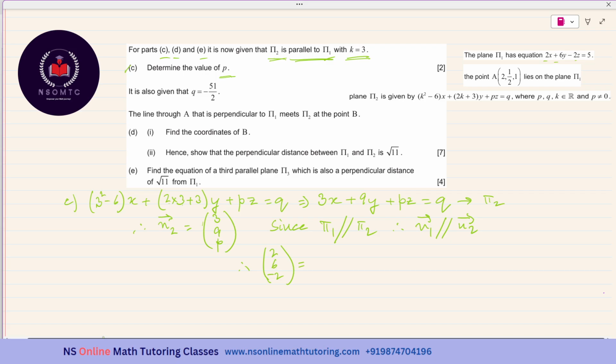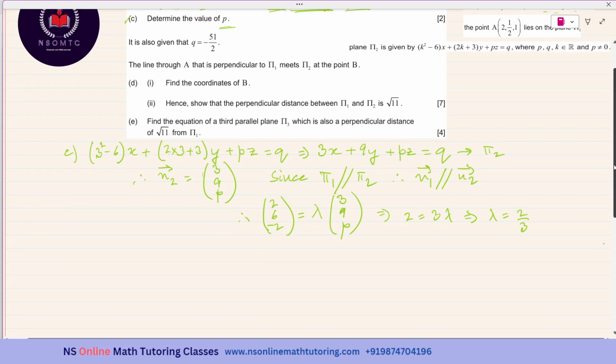How do we write parallel vectors? One vector will be a scalar multiple of the second vector. Okay. So I can write this as, since I am having k, let me not take the k, let me take lambda. Okay. And this is 3, 9 and p. This is the n2 vector. So this implies, if I read row by row, I'm taking the first row, it is 2 equal to 3 lambda. Therefore, lambda equal to 2 over 3.